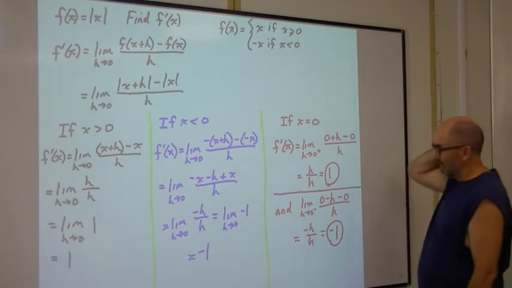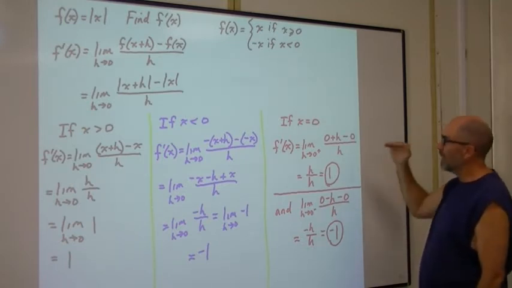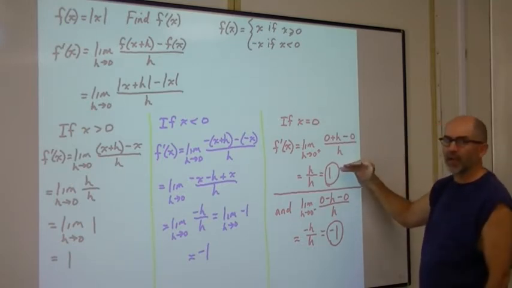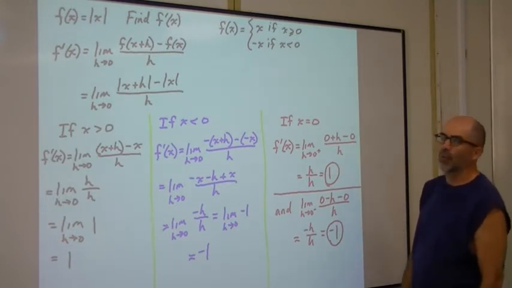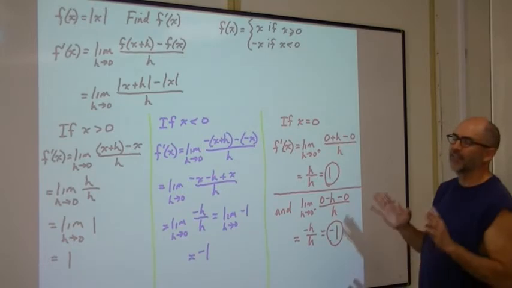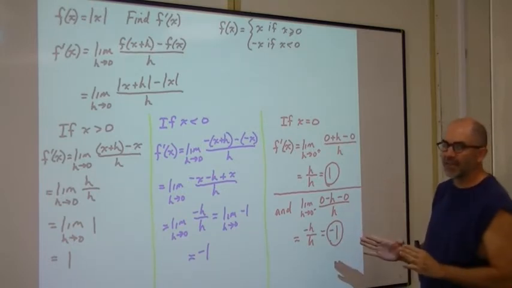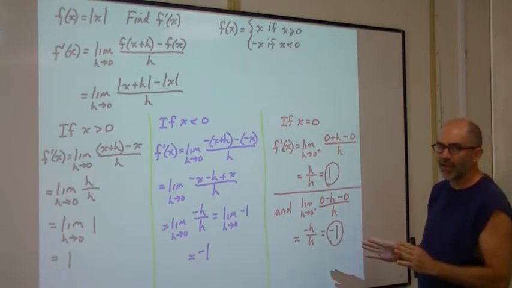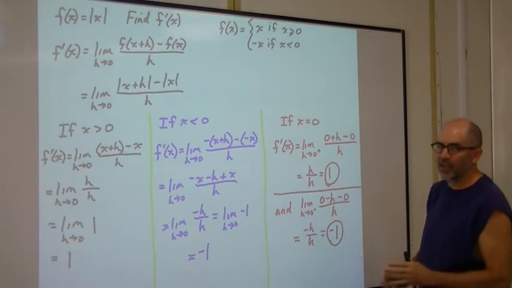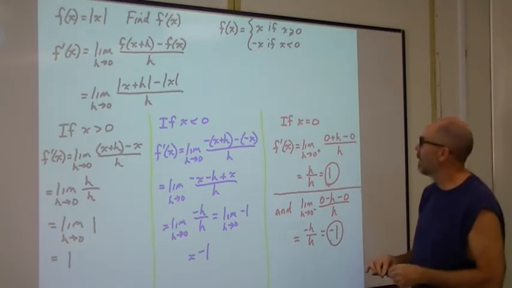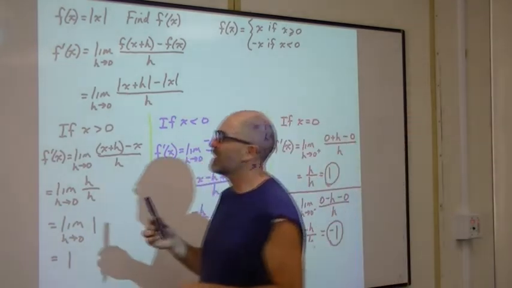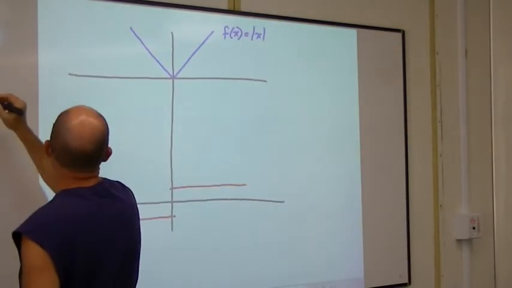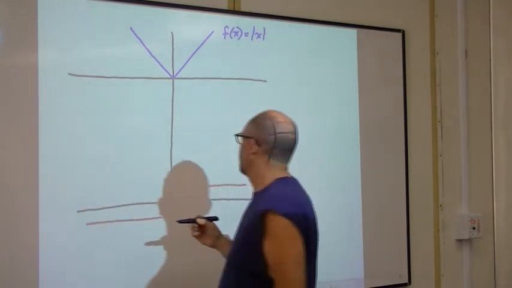So notice the right-hand limit is positive, the left-hand limit is negative. What does that tell you? If the left and the right-hand limits do not agree, the limit does not exist. Okay, so that means the derivative at x equals 0 does not exist.